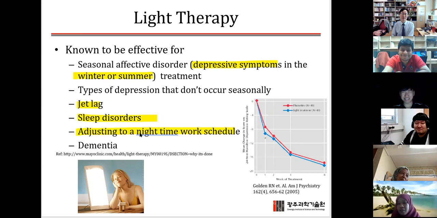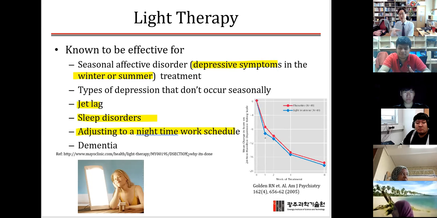Yeosu has the oil company, and I was working there as a regular employee. Employee. I'm confused. Employee, right? And for 6 months, I was working a night and day shift. So sometimes I had to work during the night, and sometimes I had to work during the daytime.